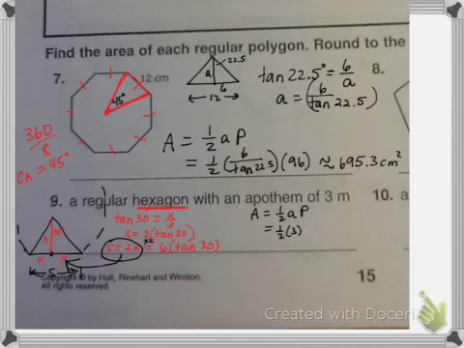Well, what are we going to do with the side length to get perimeter? Perimeter is how many sides there are, 6, because we have a hexagon, times the side length. So when you multiply 6 times tangent of 30 times 6, you can just simply write your perimeter. And let's put this in over here as 36 times the tangent of 30. This way we only have to touch our calculator one time, because a lot of this math you can do in your head.